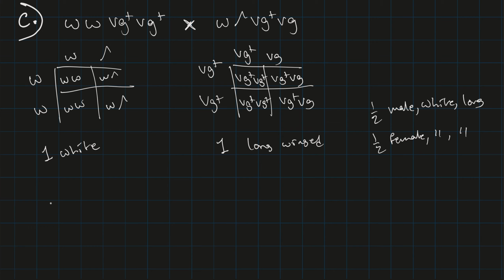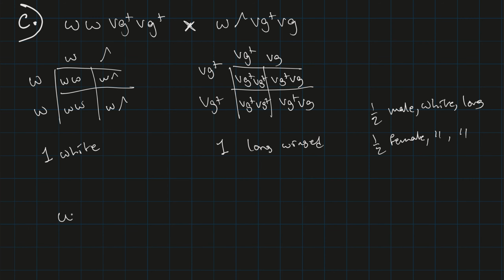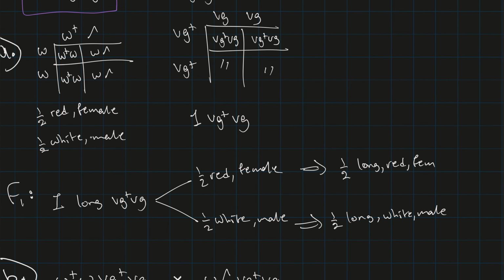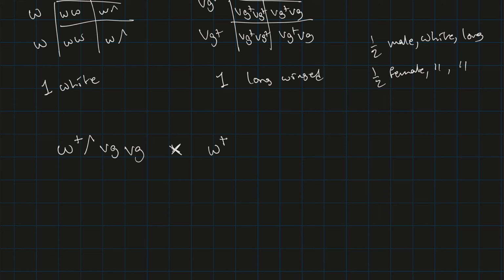Now, what happens if we do the other cross, where we had the male parent, right, who was red-eyed and vestigial-winged, with our F1 female, who, if we double-check, was a red female. It was heterozygote, and was also heterozygote for our long-winged trait. If we do this cross, then we have over here our female, and then we have our male.